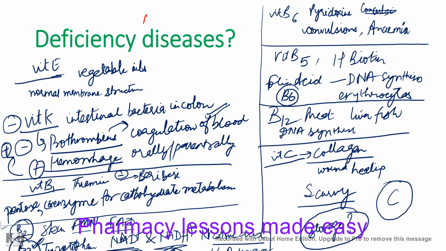Cyanocobalamin is a cobamide type of coenzyme which is involved in carbon-carbon chain isomerization. So that way cyanocobalamin or vitamin B12 is involved in carbon chain isomerization. So this was all about vitamins, how they are important, what their deficiency causes, which type of disease, and what are the different coenzymes associated with these vitamins, and the type of reactions associated with these coenzymes, right?